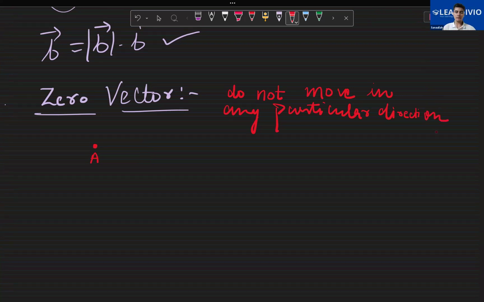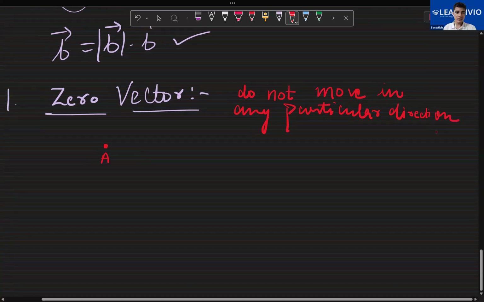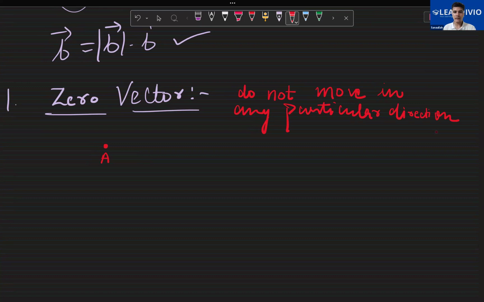Okay, so this is your zero vector. That means you have to start from this point and you have to be on this point only. You cannot move in any direction. So that will give you a zero vector.